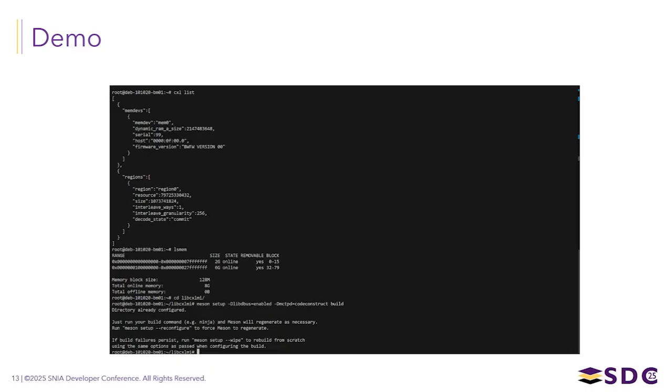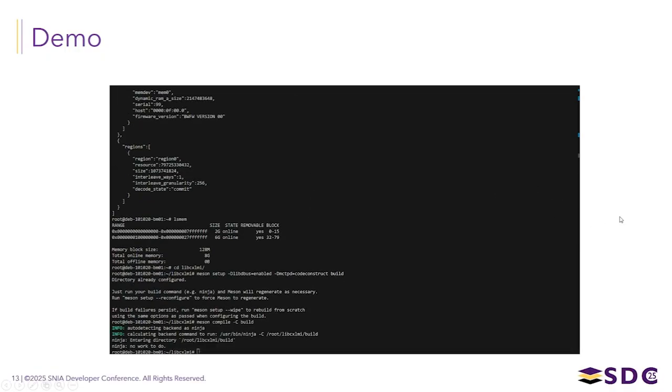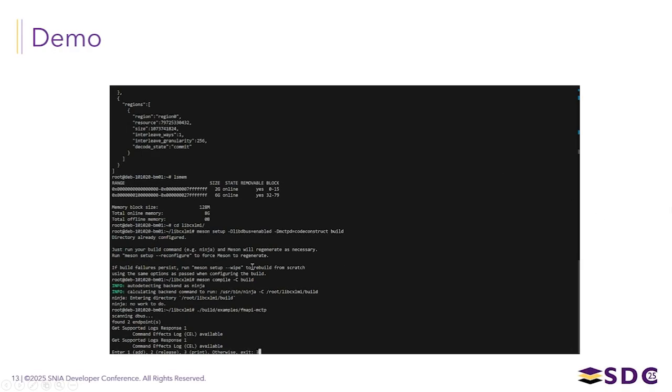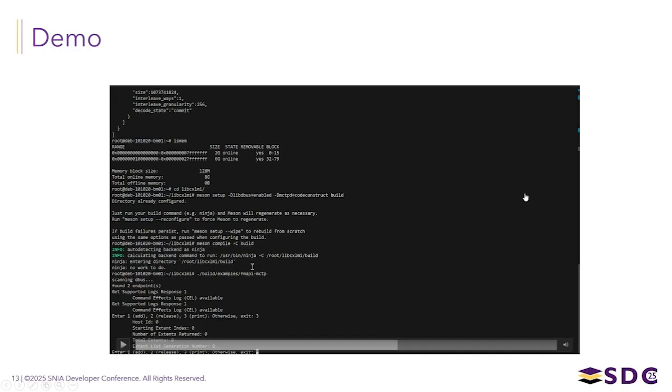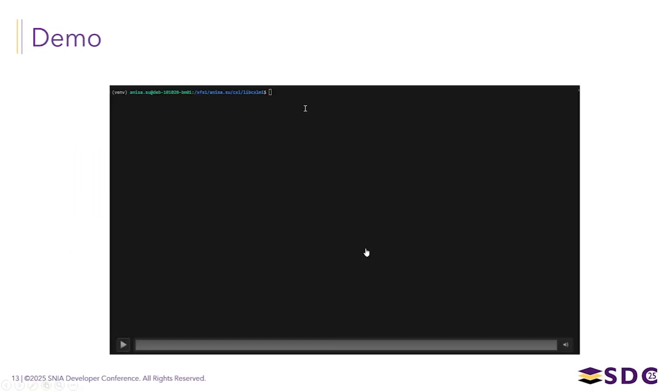I'm just going to compile the library first. There's the interactive program. And then I first print the extents that we currently have, which is 0.